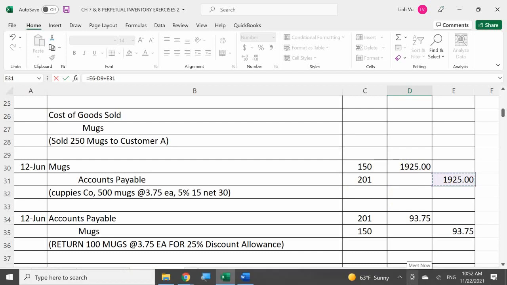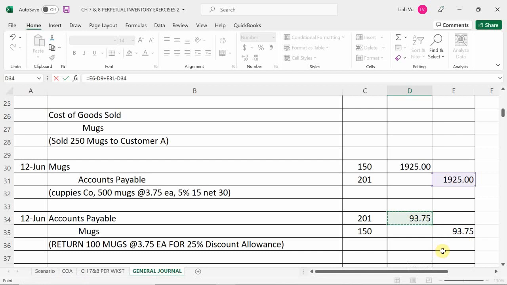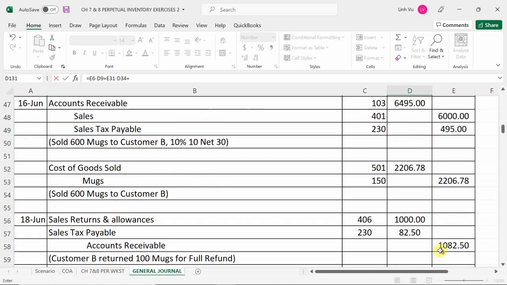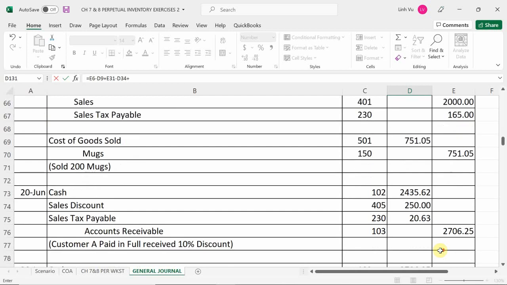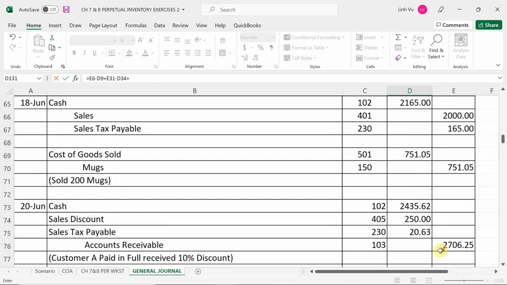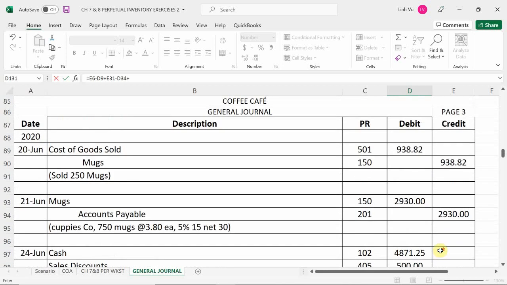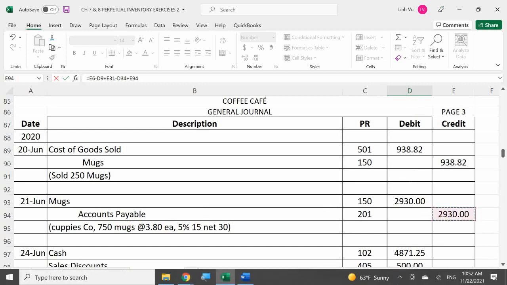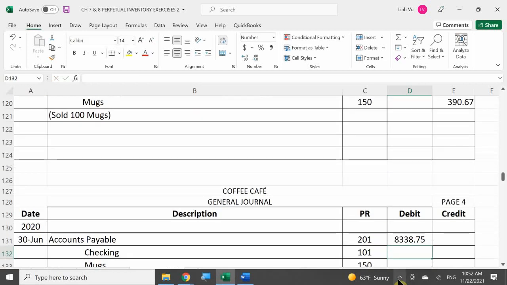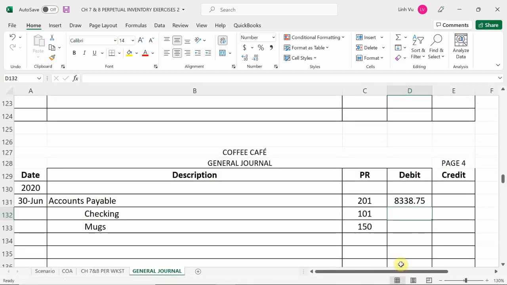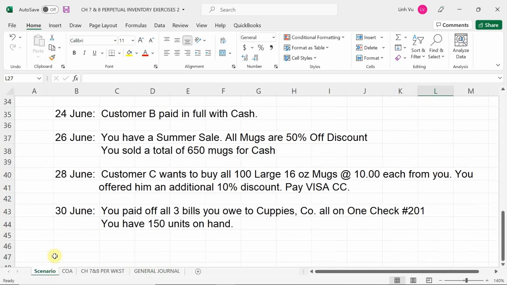But I end up getting a discount of $93.75. And then the last batch of inventory that I purchased was on the 21st or the 20th, for a grand total of $2,930. So therefore, boom, I owe a grand total of $8,330.75.